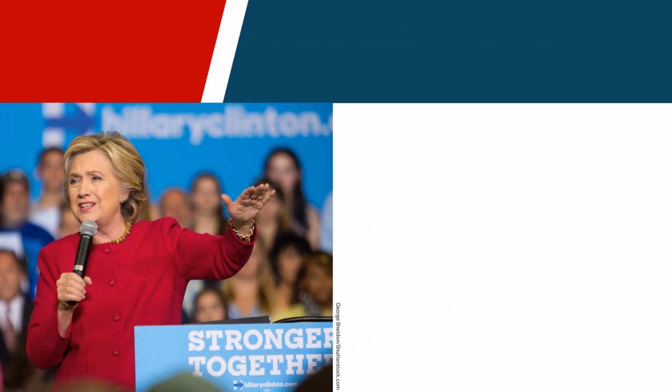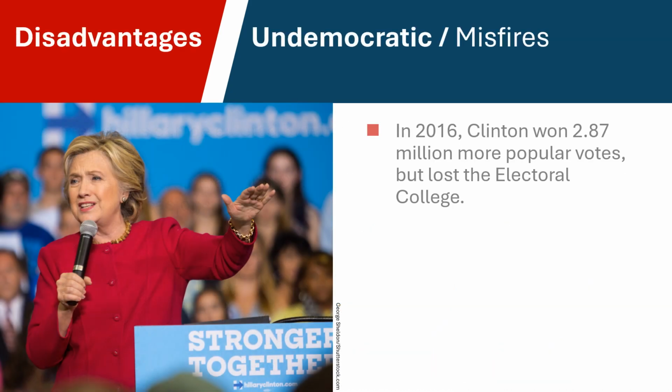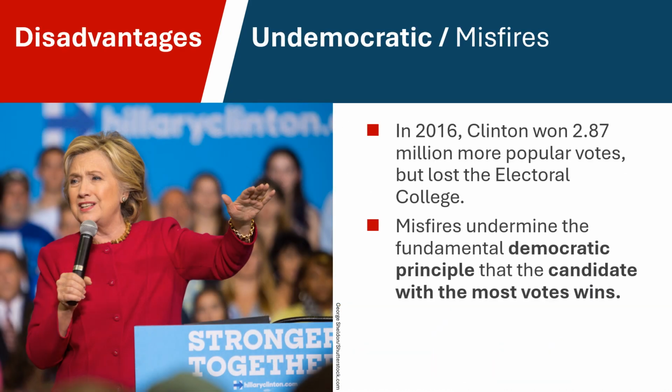In 2016, Clinton won 2.87 million more popular votes than her Republican opponent, Donald Trump. However, she lost the Electoral College, and Trump ultimately became president. Misfires undermine the fundamental democratic principle that the candidate with the most votes should win.